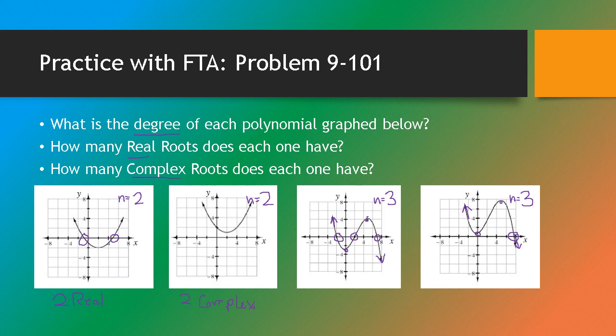And since 2 is all that I'm looking for, that's all there is. The third graph, because I can see 3 distinct x-intercepts, we have 3 real zeros. And in the fourth graph, I can only see 1 real zero, only 1 x-intercept, and that means, once again, that there are 2 complex zeros.